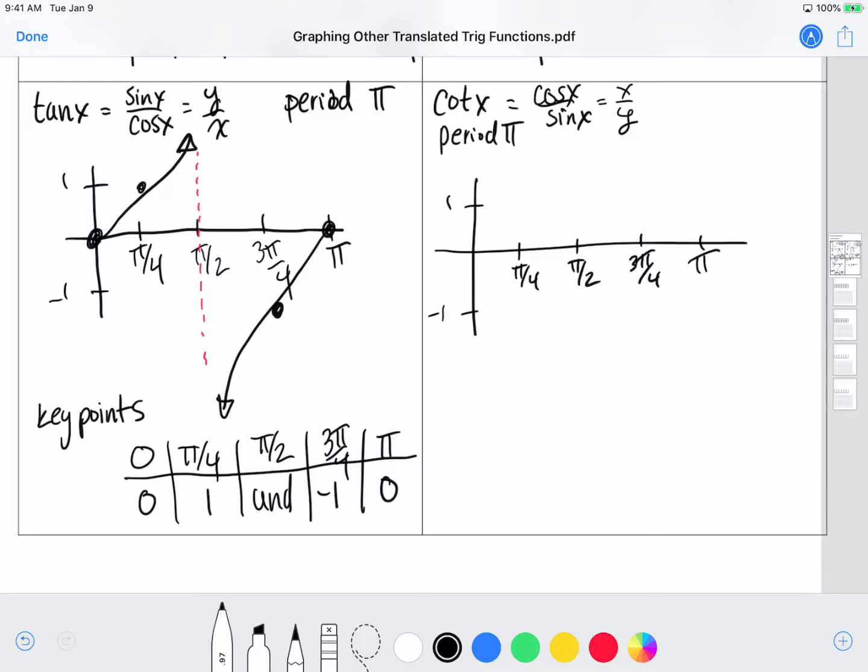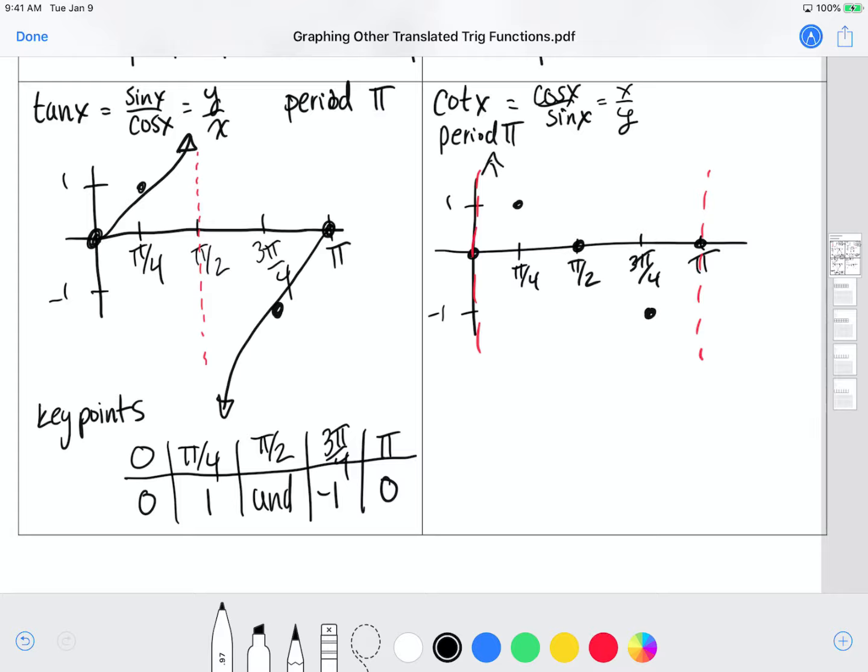So y is 0 at 0 and pi. So we're going to have asymptotes here and here. At pi over 4, cotangent is 1. And at 3 pi over 4, cotangent is negative 1. At pi over 2, cotangent is 0.